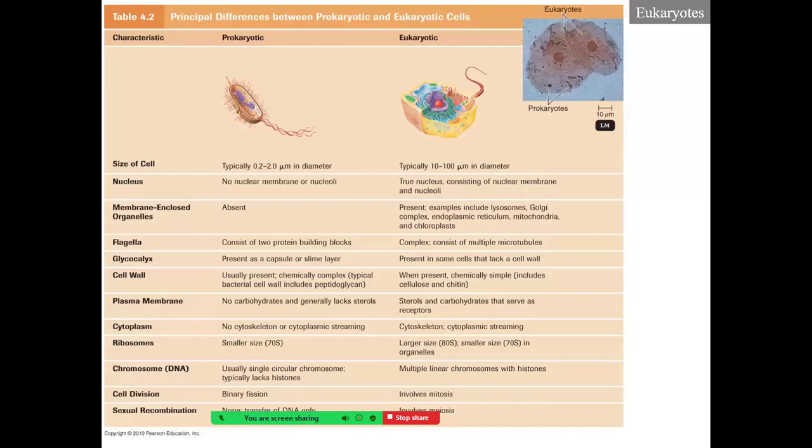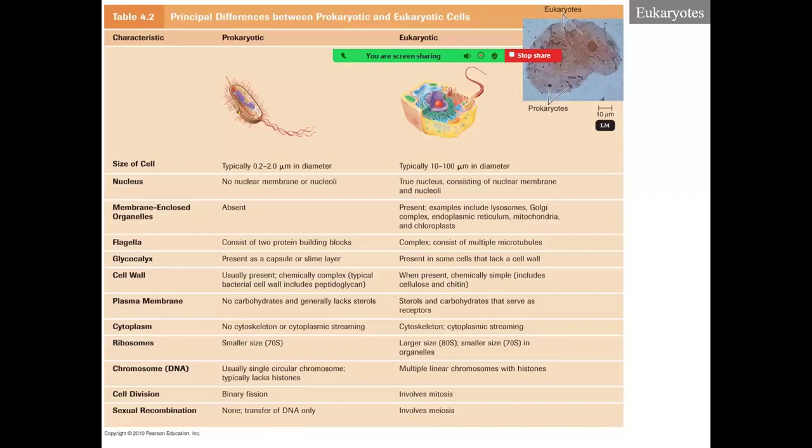Cell division differs too. Most prokaryote cells divide by binary fission. Eukaryote cells divide by mitosis. Reproduction also differs. There is no sexual recombination in prokaryotes, although they can transfer plasmids, which would be similar.